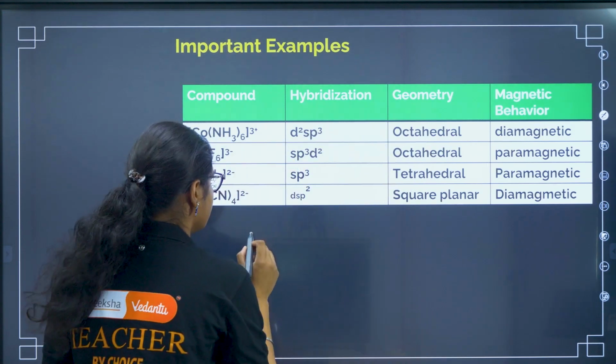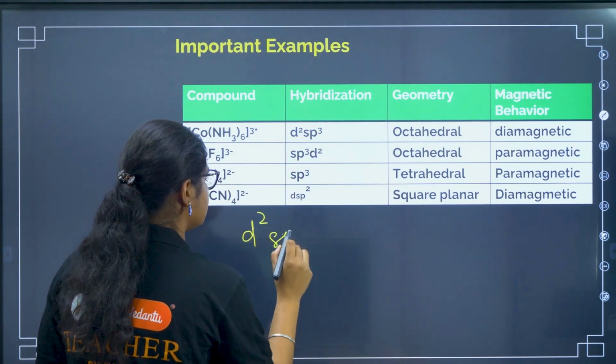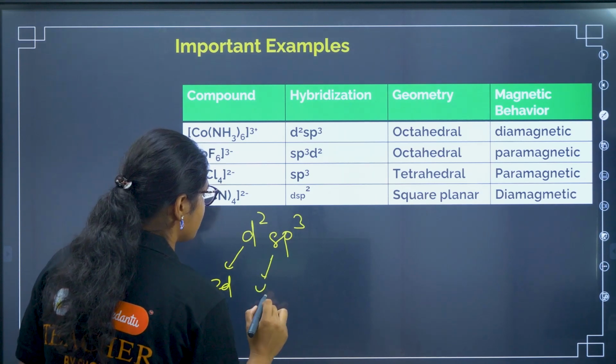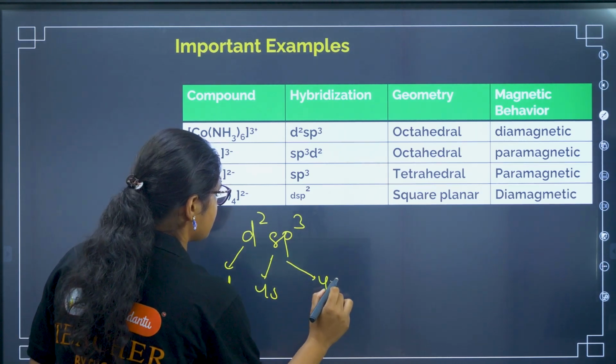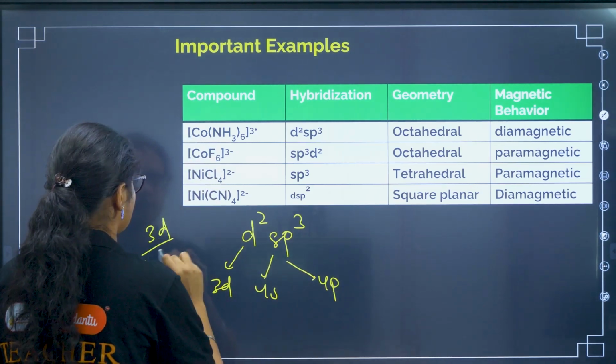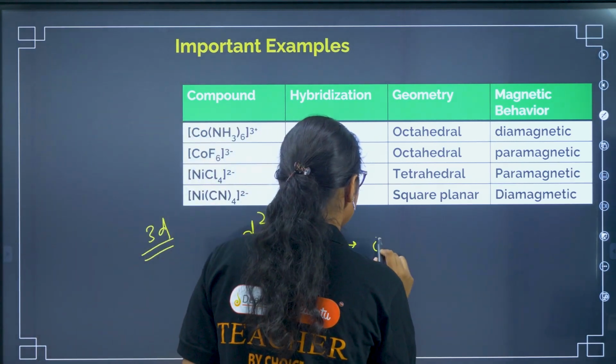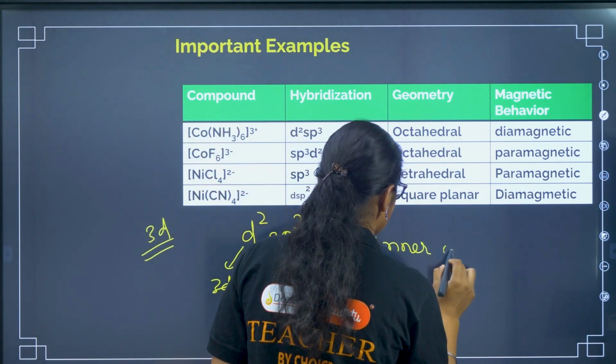If you have d2sp3, that means this is 3d, this is 4s and this is 4p, right? For the 3d series I am telling. If the 3d orbital is used, then we will call it an inner orbital complex.